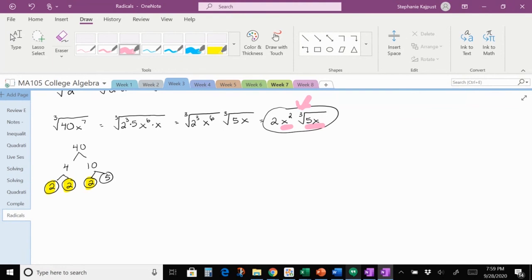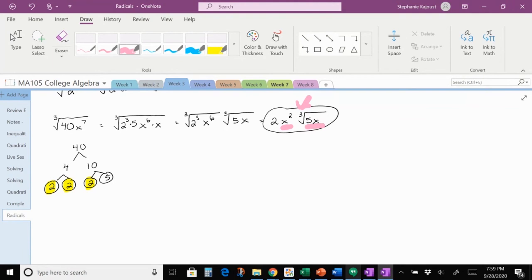Multiplying radicals is basically the opposite of what we just did, but you do want to try to simplify them as much as possible. Dividing radicals is basically sort of like what we did when you're dividing by things with different exponents.